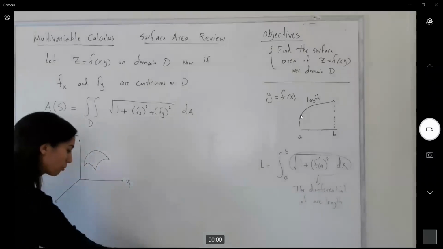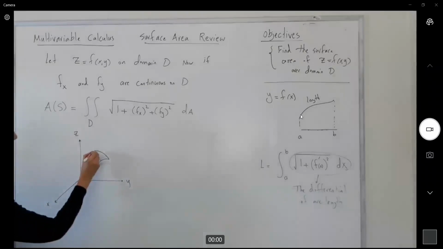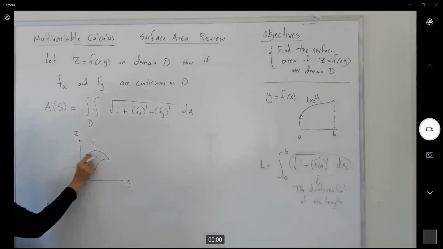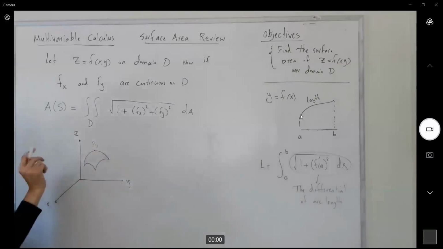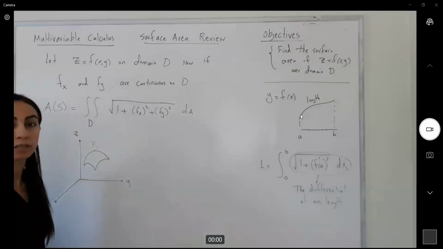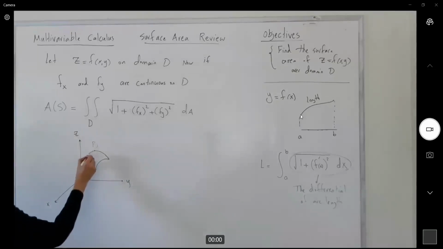What I'm going to do, I'm going to take one point on my surface, like Tij, and I'm going to take a little piece on the surface on the area, and finally I'm going to add them all together, and by adding them together, I'm talking about the double Riemann sum.